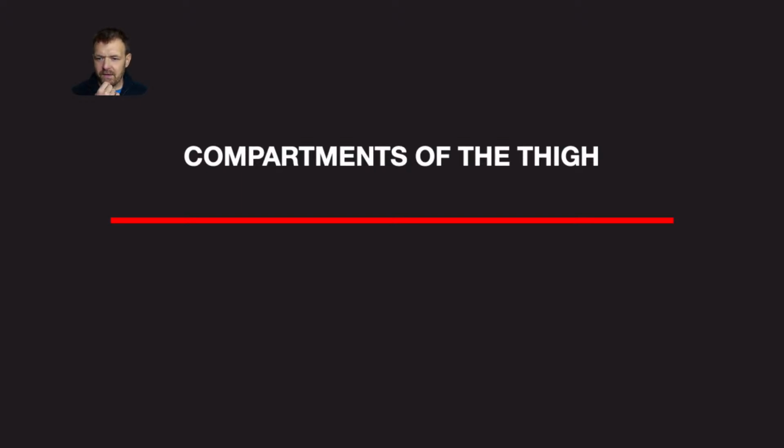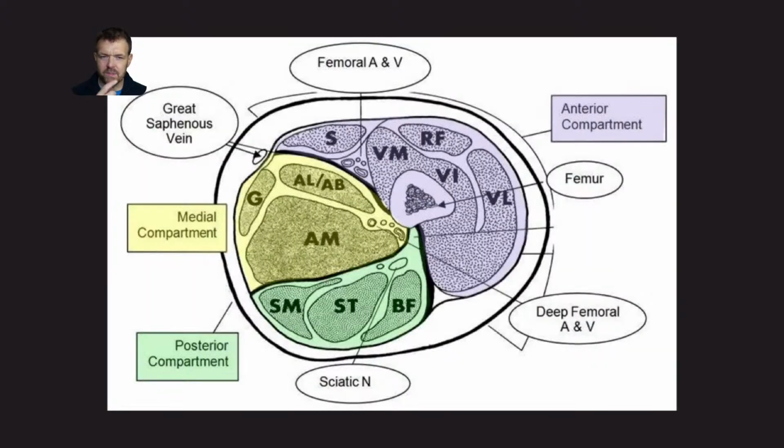So if we start back here, we were looking at this. If you remember when we were looking at the connective tissue, we were talking about the fascia lata around the thigh, and then the thickening of the fascia lata around the lateral aspect, which is the IT band. If you want to have a look at that in a bit more detail, we did a session on that.